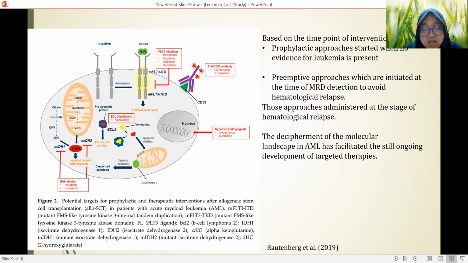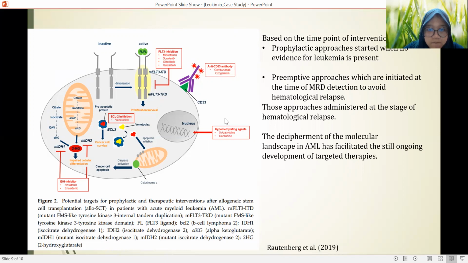The elaboration or the decipherment of the molecular landscape in AML has facilitated the still ongoing development of targeted therapies. So this is the molecular landscape in AML, meaning the leukemia disease.